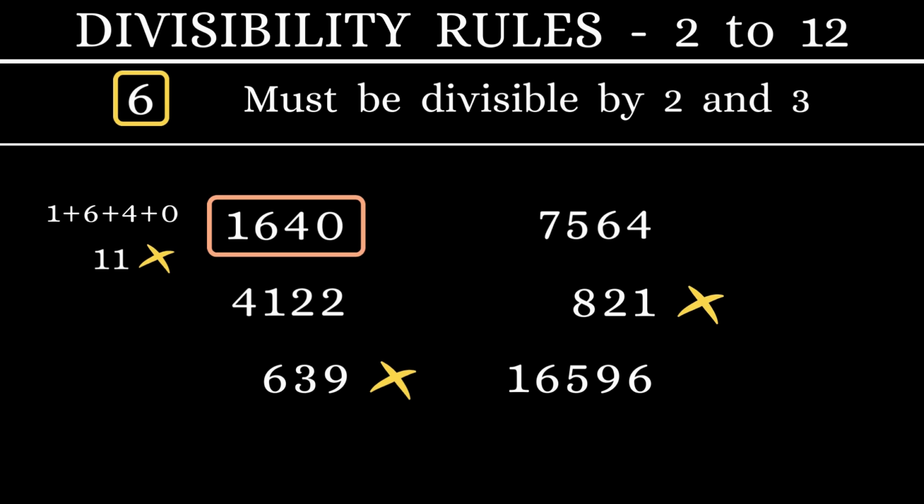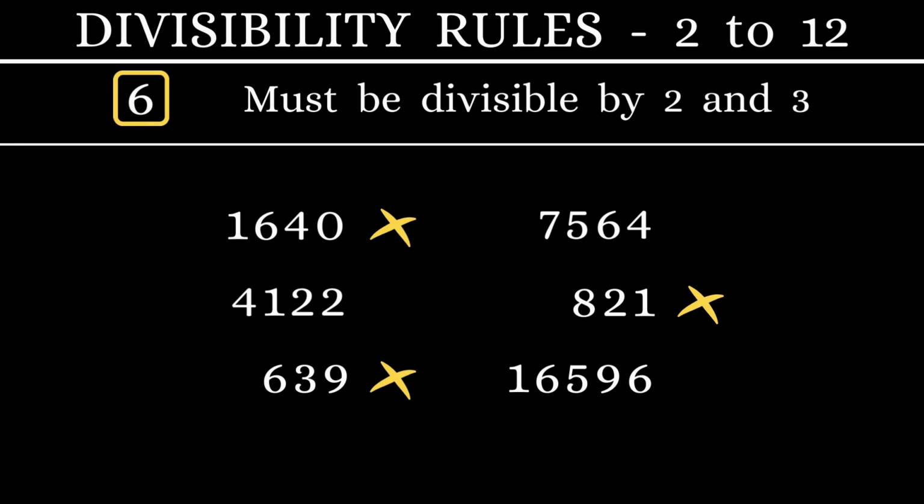Here, let us understand that this number is divisible by 2 but not divisible by 3. We need both the conditions to be true. So, the number 1640 is not divisible by 6.